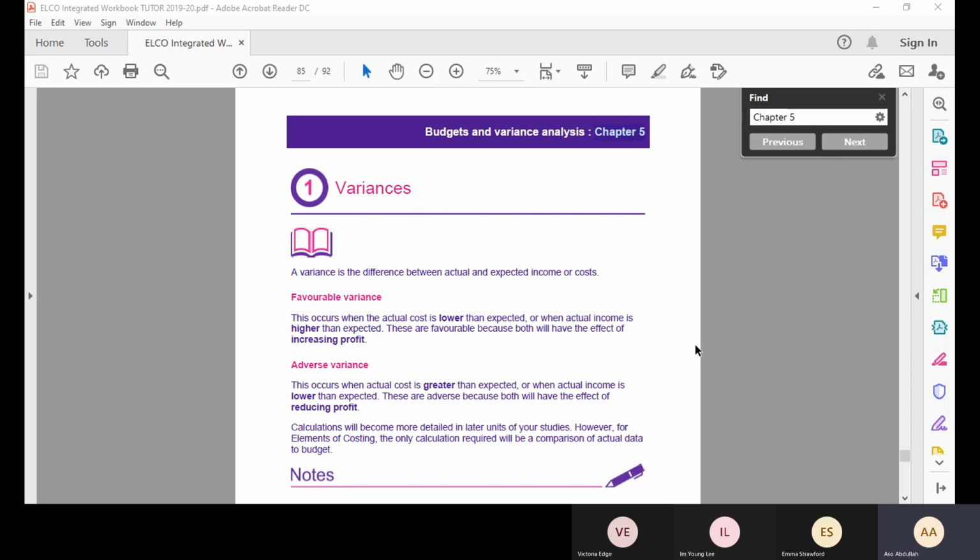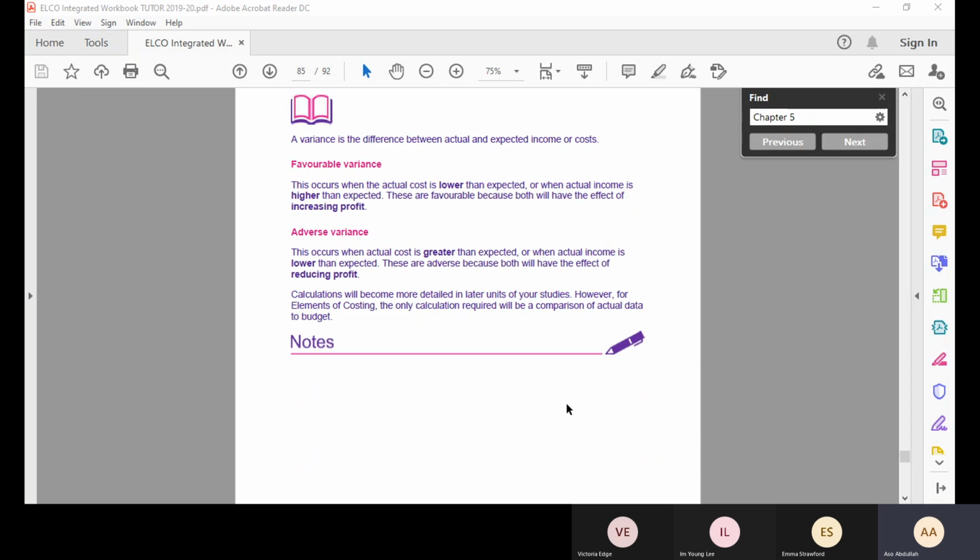Your target is £100,000 sales for 3 months, and actually in those 3 months you made 125,000. So you are beating your expectation. Your actual is greater than your expectation, so again it is favorable. Okay, so income and expenses obviously work differently.